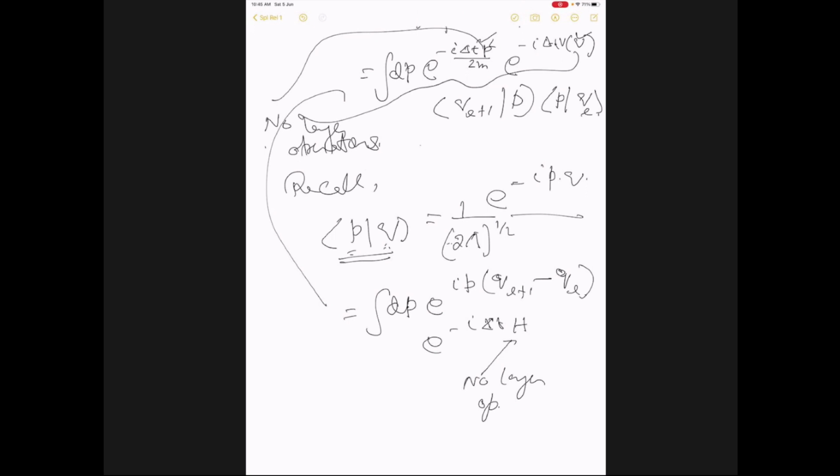So for one case I get e to the power iP QL plus 1, and the other case e to the power minus iP QL. So I have written it, and e to the power minus i delta t H. This H is no longer an operator, but H is equal to p squared by twice m.